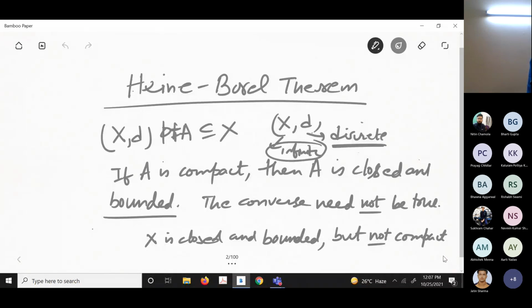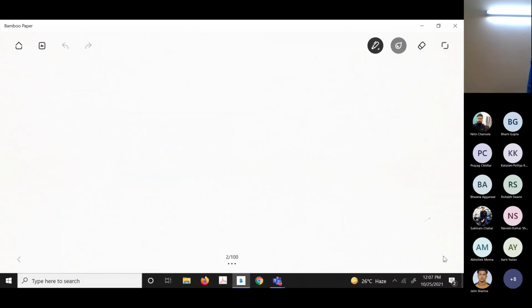So what is the importance of the Heine-Borel theorem? If you have taken Rn, Cn is just isometric onto R2n, so it follows immediately as a corollary.